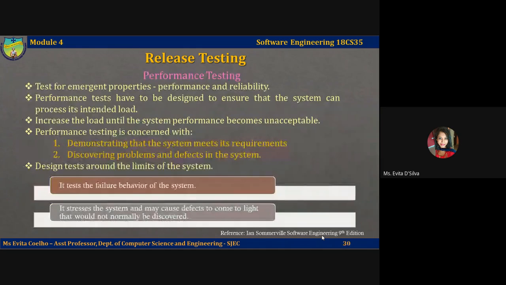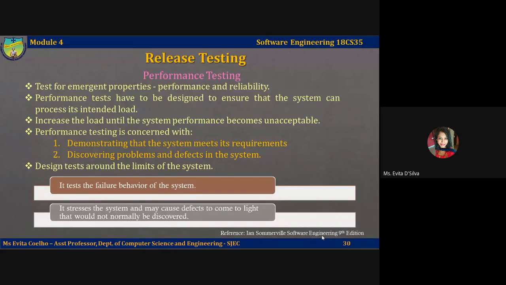Let's talk about the third type of release testing, performance testing. Once a system has been completely integrated, it is possible to test for emergent properties of the system. These system properties may include performance of the system, how reliable the system is, and so on. Performance tests have to be designed to ensure that the system can process its intended load.